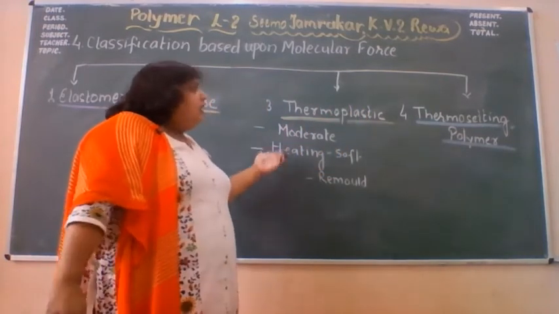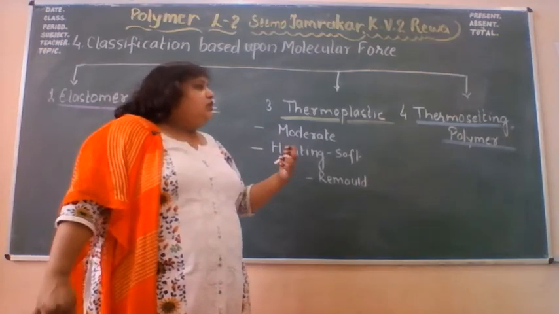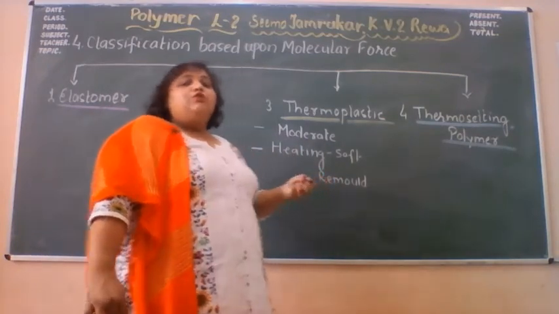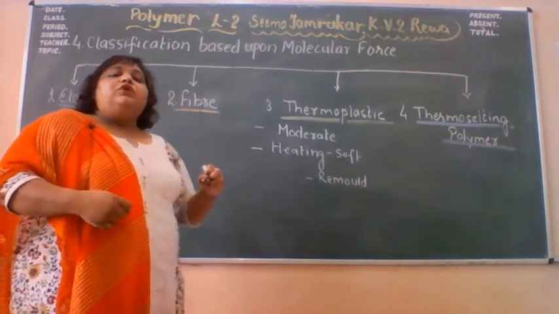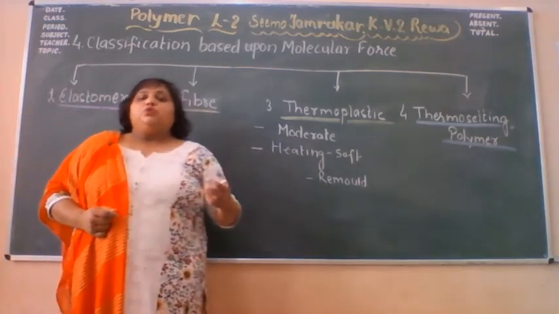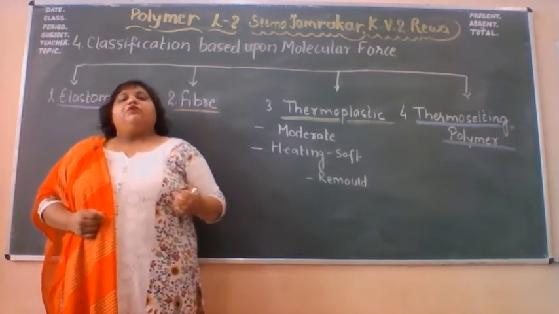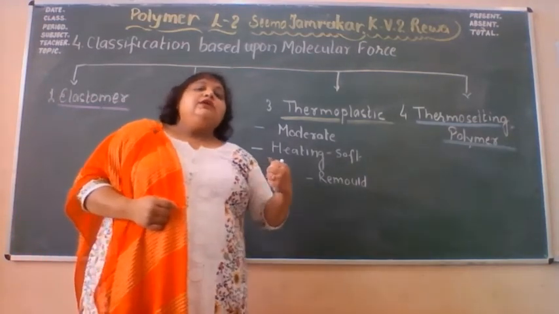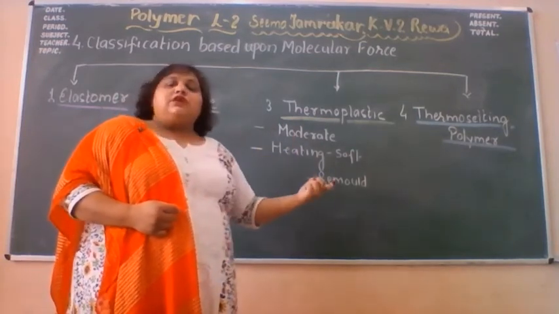So here in the case of the thermoplastics, sometimes to increase the softness we add some materials other than the monomer, like we use the catalyst to increase the rate of reaction or change the rate of reaction from the outside. Similarly, why are all these polymers formed?